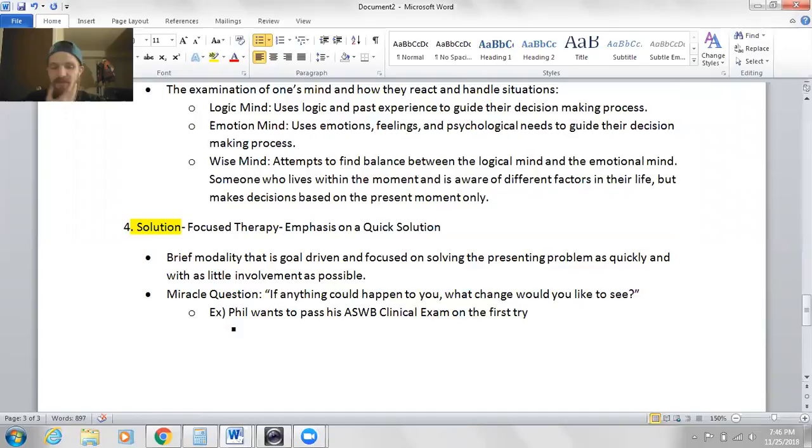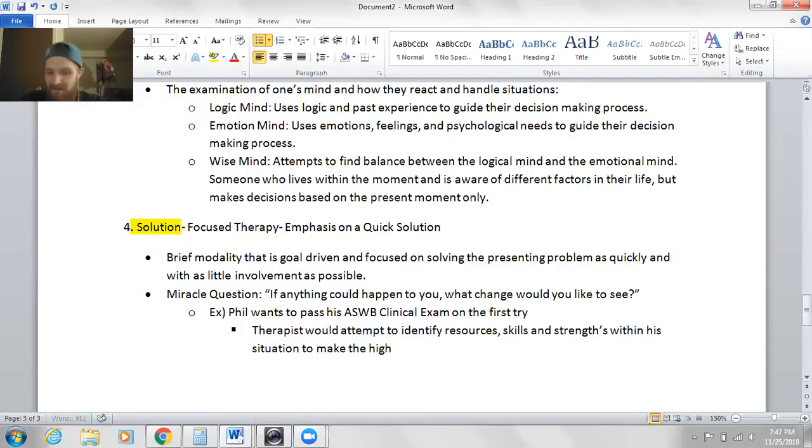So solution focus based on this, therapists would attempt to identify resources, skills, and strengths within his situation to make the highest likelihood of passing the first time happen. So the miracle question, Phil, what would you like to see in your life? I want to pass my ASWB clinical exam on the first try.